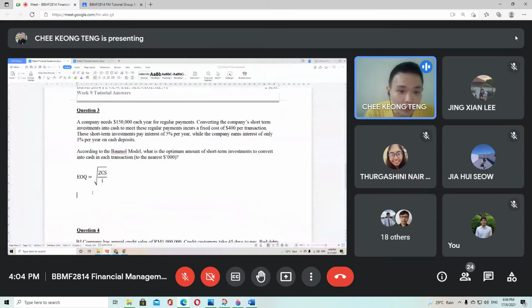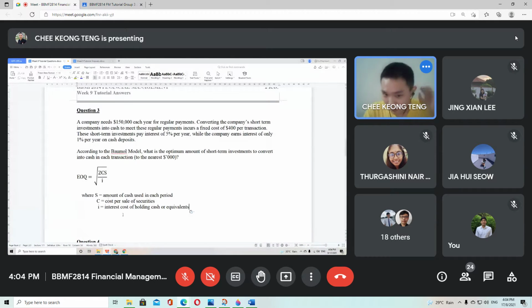This one is also from your BPP, because I looked for one example from the BPP textbook. So now all of you can calculate the EOQ by using this formula from this question.